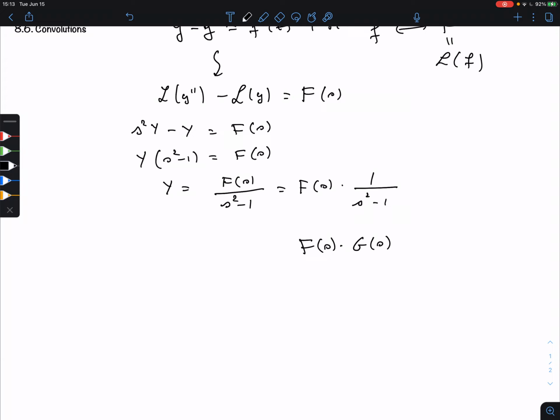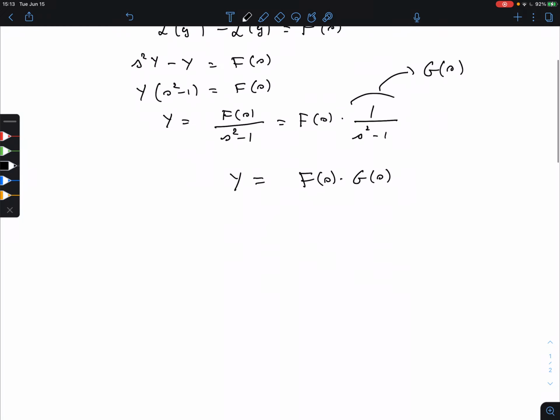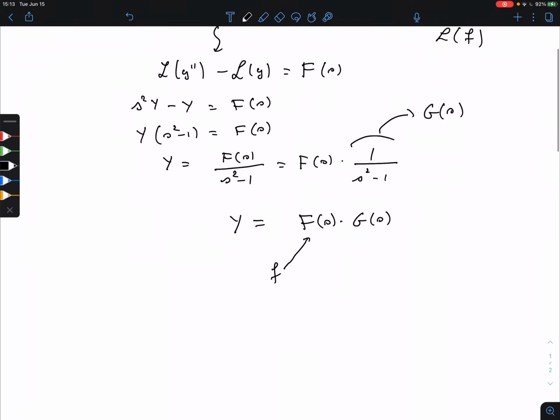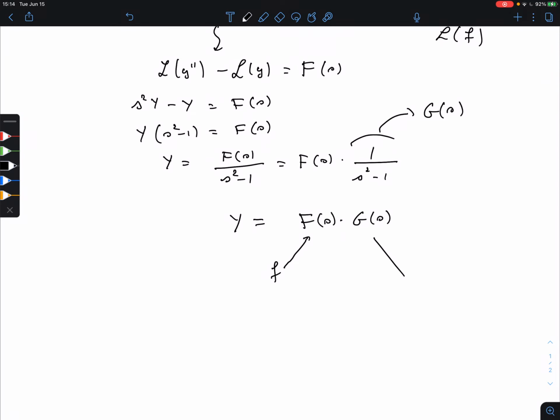If I call this one capital G(s), suppose we know where little f comes from: capital F is the Laplace transform of little f. But we can also calculate the inverse Laplace of this one, so this one comes from a little g.